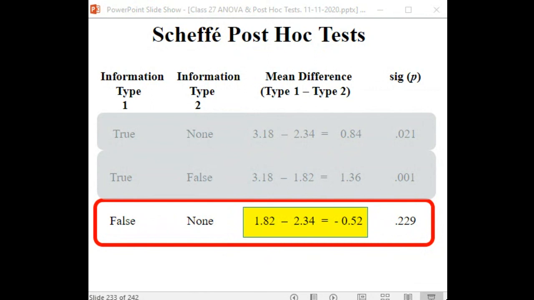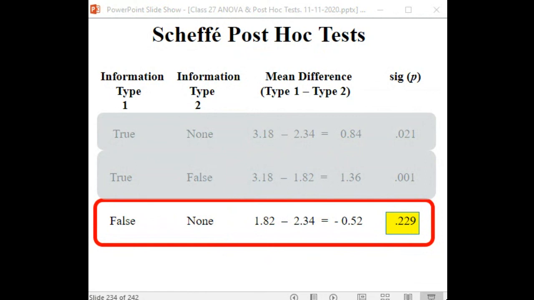But here's the question, is it a statistically significant difference? The answer is no. The probability value, P, is 0.229, which is greater than 0.05.